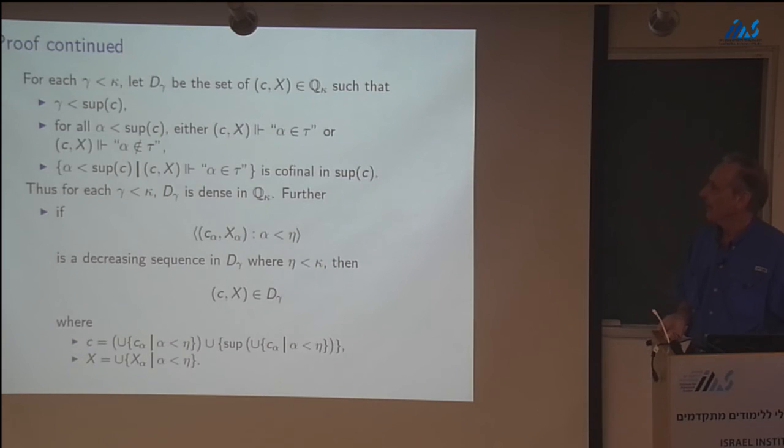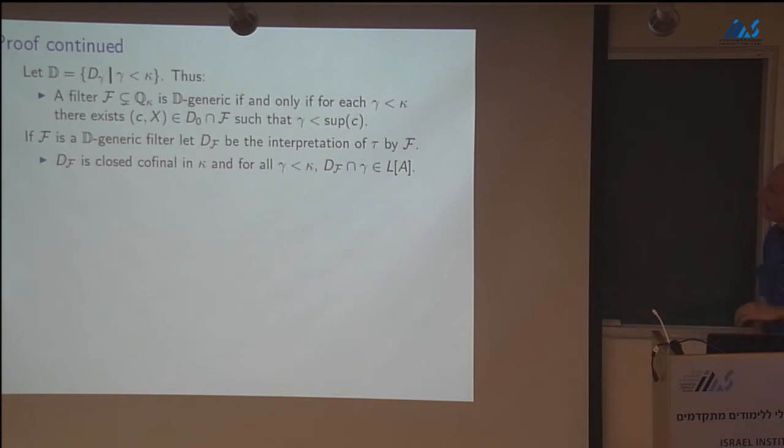Then for each gamma less than kappa, D_gamma is dense. That just follows from our assumptions. And if we have a decreasing sequence of conditions of length less than kappa, then we can just take this canonical condition to produce a condition in D_gamma. Okay? So let D be the collection.